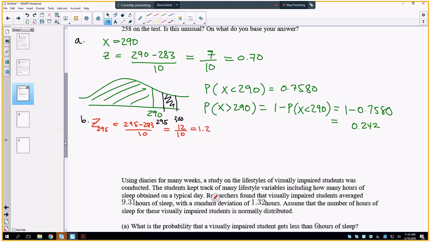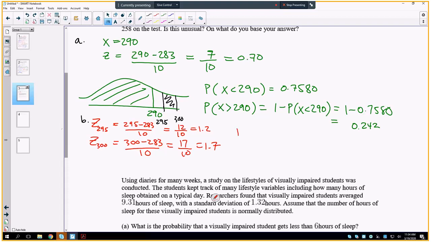I also am going to need to find the z-score corresponding to 300, so let's call it z sub 300. 300 minus 283 divided by 10, 17 over 10, 1.7. So we're saying, what is the probability that our test score is between 1.2 standard deviations higher than the mean and 1.7?